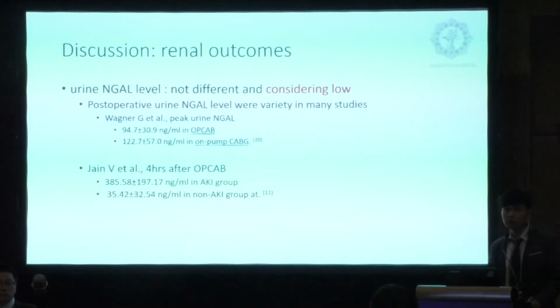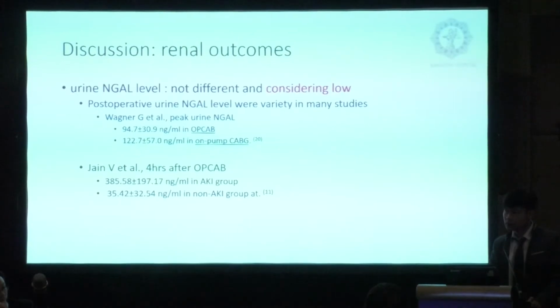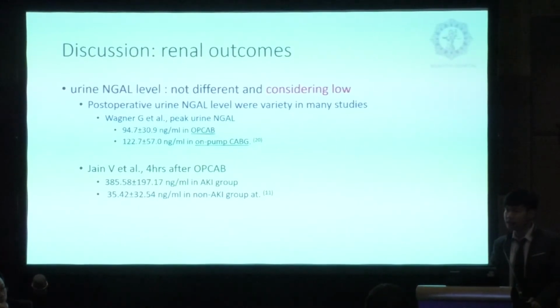So when we look at our results, our urine NGAL seems very much less than the previous study. After we discussed, the possibilities may be, first, our small n; second, the low risk of the type of surgery; and third, maybe we only included low Kipling score patients.